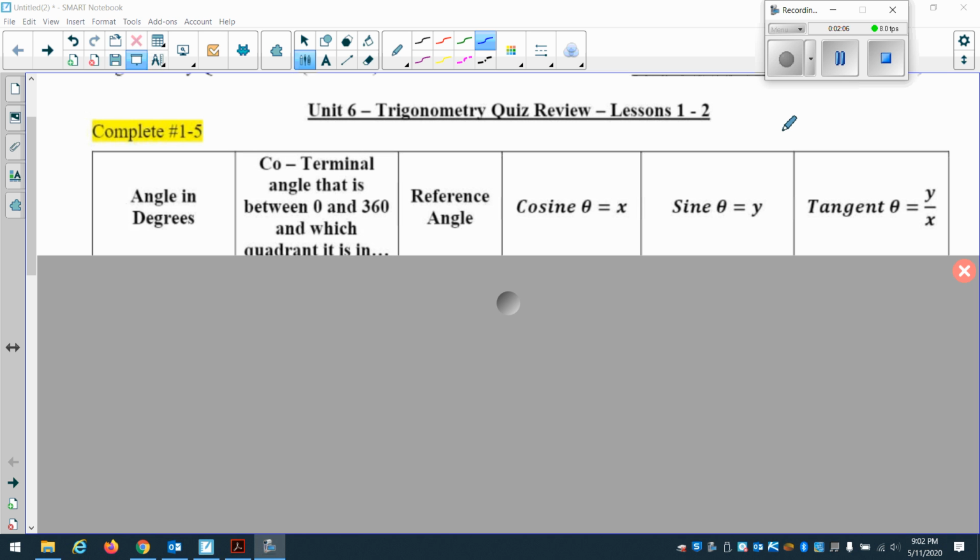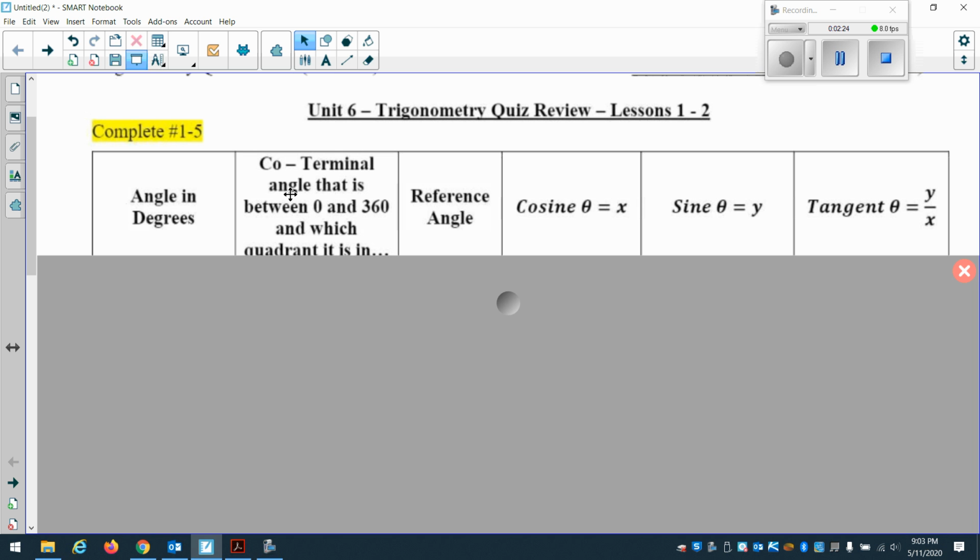Okay, so a few of the questions that I got regarding the trig review, just to kind of clarify this chart here. They're giving you an angle in degrees, coterminal angle. So we're saying coterminal in between 0 and 360.